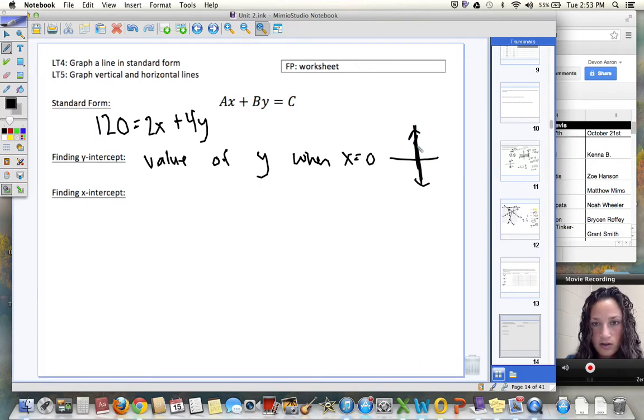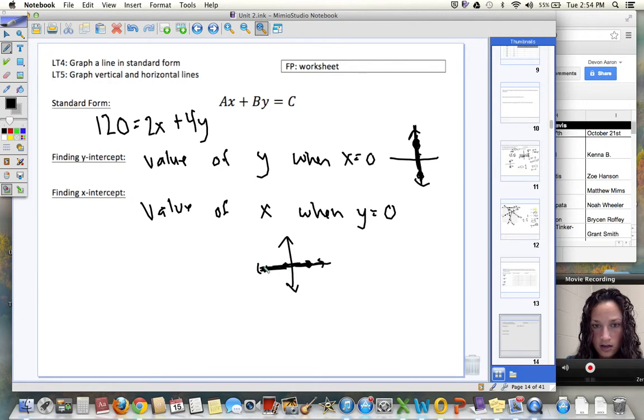It could be there, it could be here, it could be here. It's wherever our point is on our y. Same thing for our x. It's our value of x when y equals 0. So on this one, it would be anywhere where our point crosses my x-axis. So it could be here, here, here.